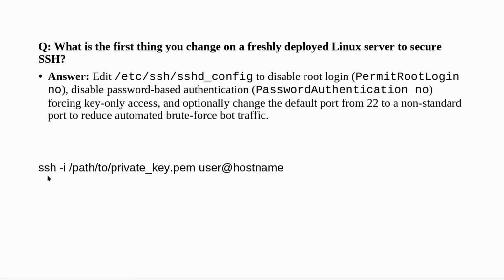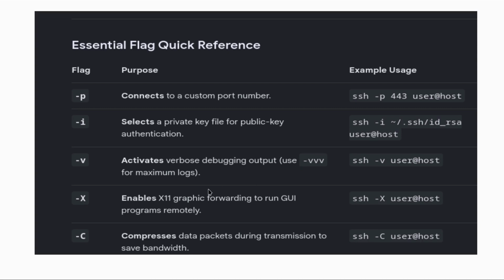I am using -i. It is used when you have a specific key, a path to a private key, and we use user@hostname. This is the basic syntax. Let's look at the flags.